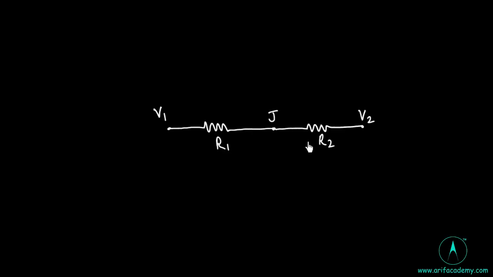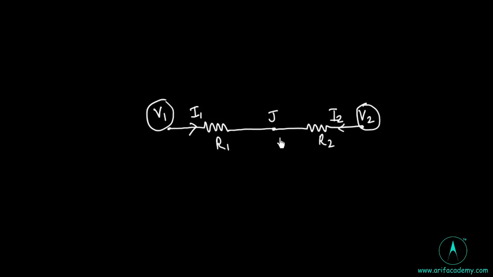Here we have two resistors in series, and the potentials at their ends are V1 and V2, and we have to find the potential of this junction. So I assume I1 current is flowing this way, and I2 current flows from V2 to the junction.